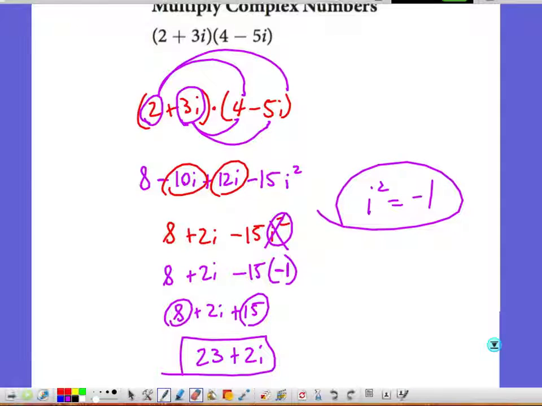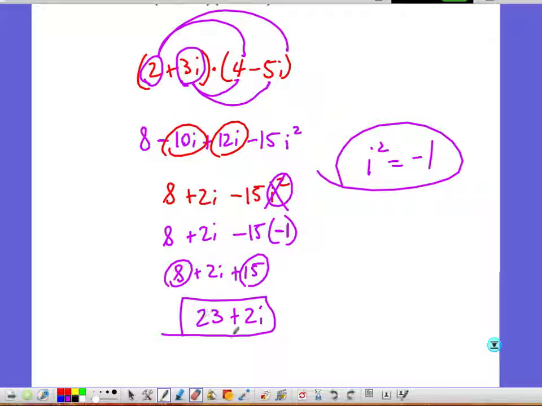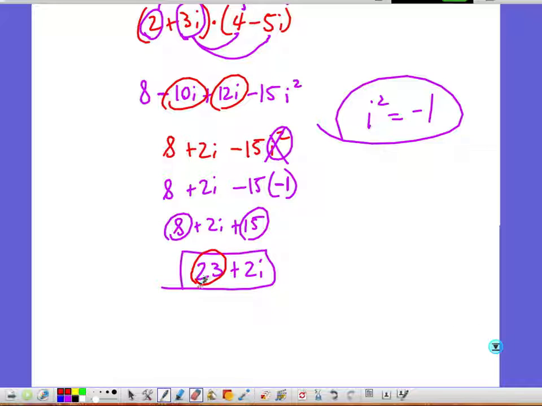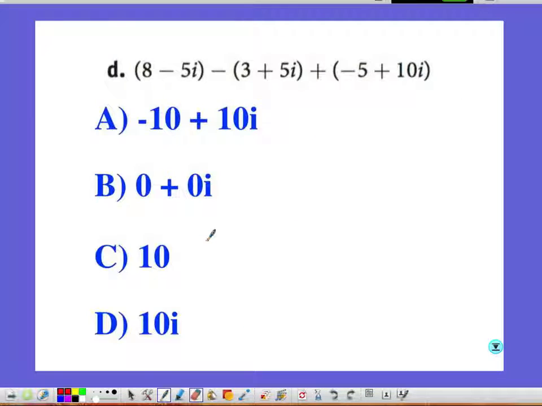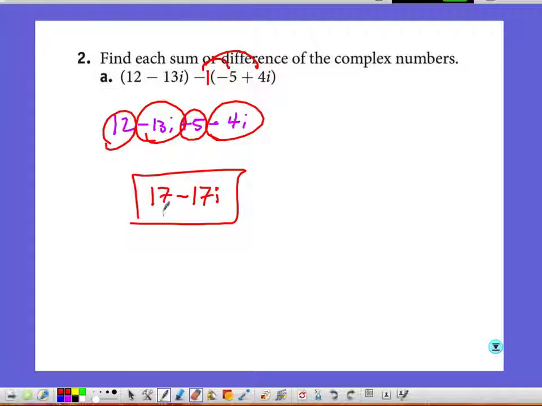Notice here, I can write this complex number where I have my real part, which is 23, and my imaginary part is 2. That's something important that we always want to write our answers in. Again, here is my real part, here's my imaginary part.